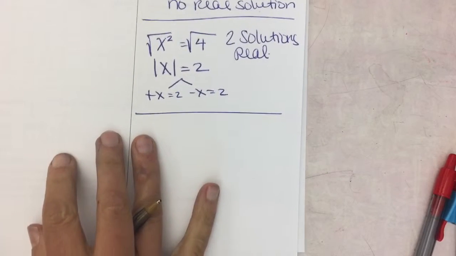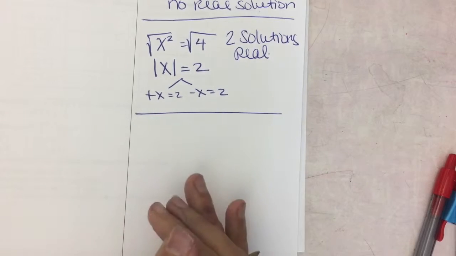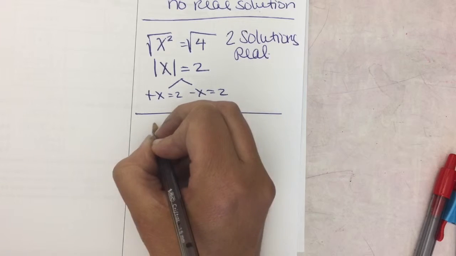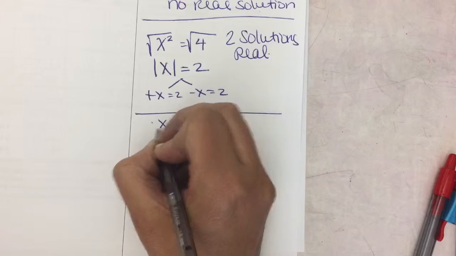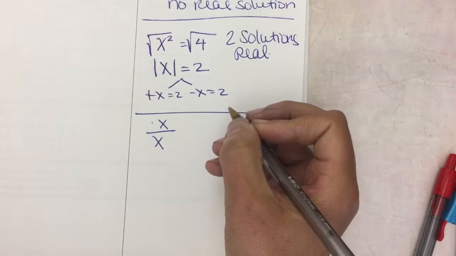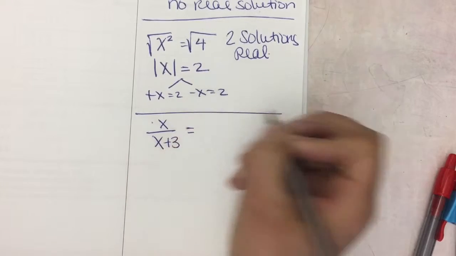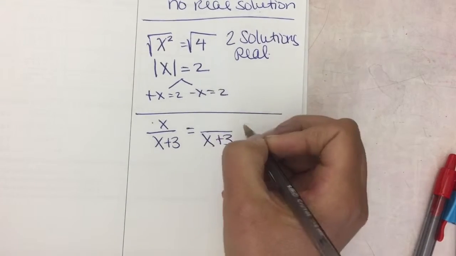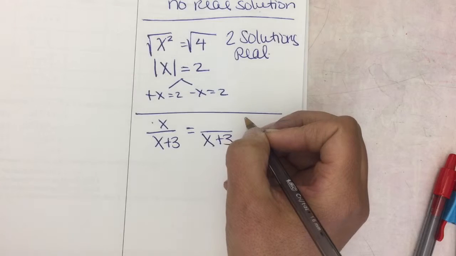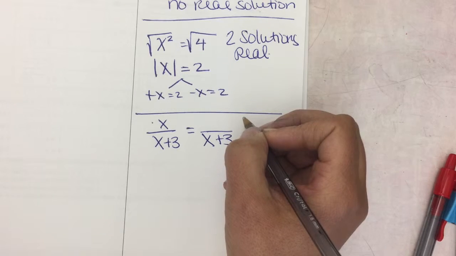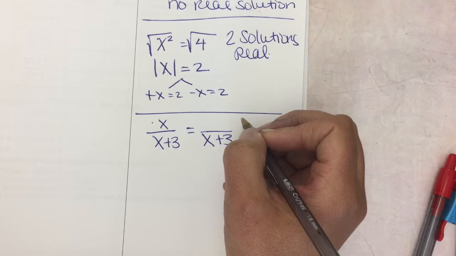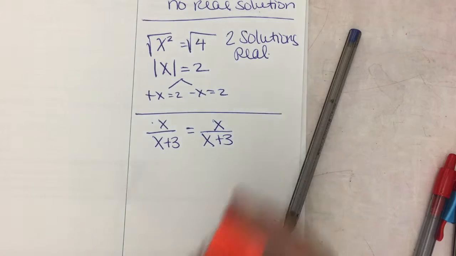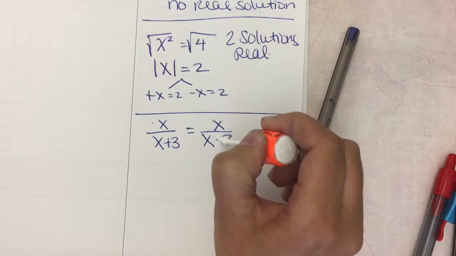Another situation is when you would have no solution at all, and that might be something like x over x plus 3 equals x over x minus 3.